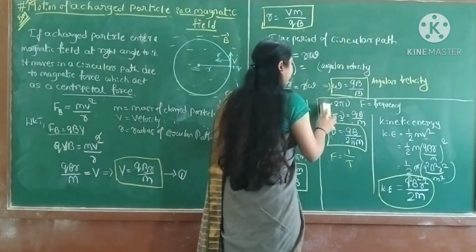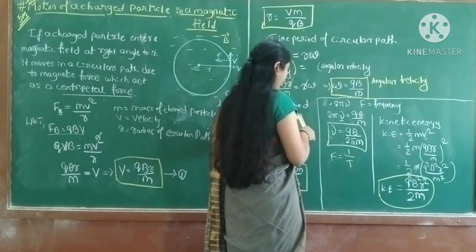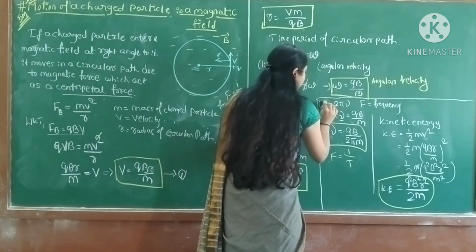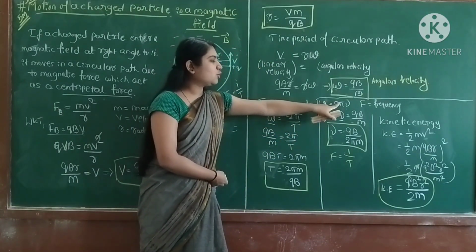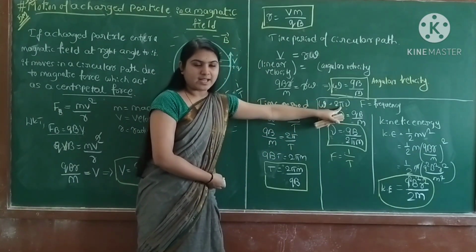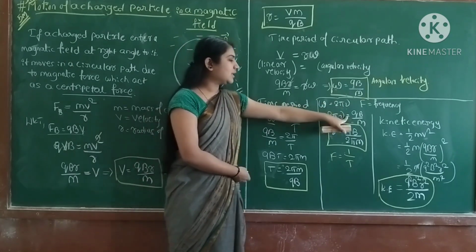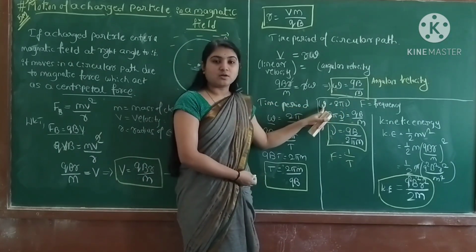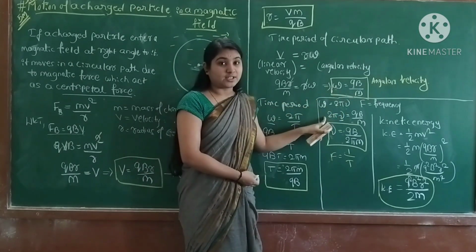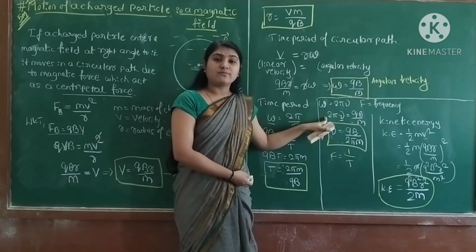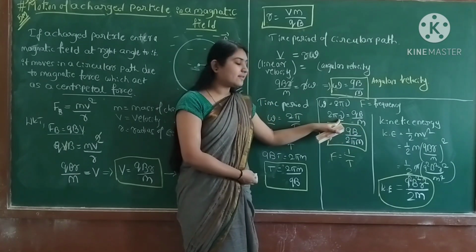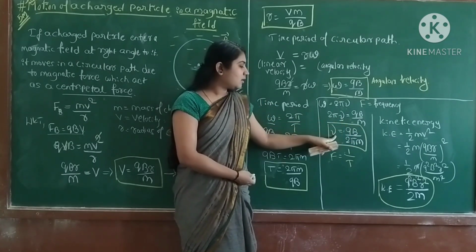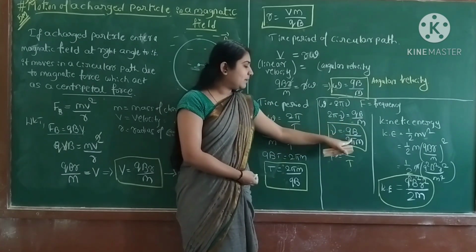Here you just take frequency as omega so you will not get confused. Omega is equal to 2 pi mu, that is, the angular frequency is qb by m. So mu, the frequency, is qb by 2 pi m.